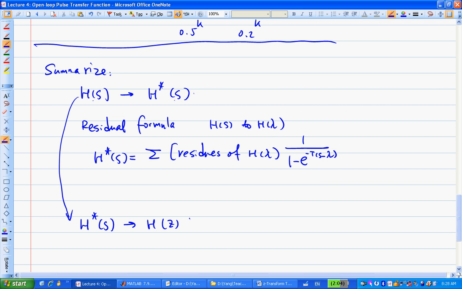What we're trying to find are the residues of this at the poles, lambda equal to lambda 1, and so on, of H of lambda.